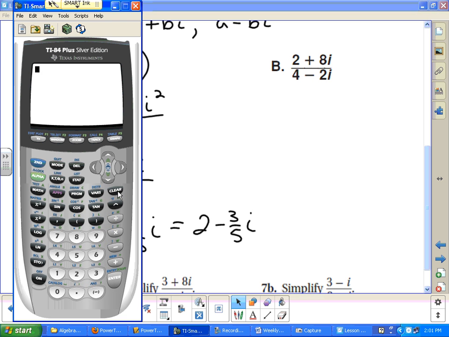You have to use parentheses. These calculators are so amazing. Oh, wait a minute. Is there an i on your calculator? Yep. Where at? Oh, second decimal point. Look at that. Divided by 4 minus 2i.